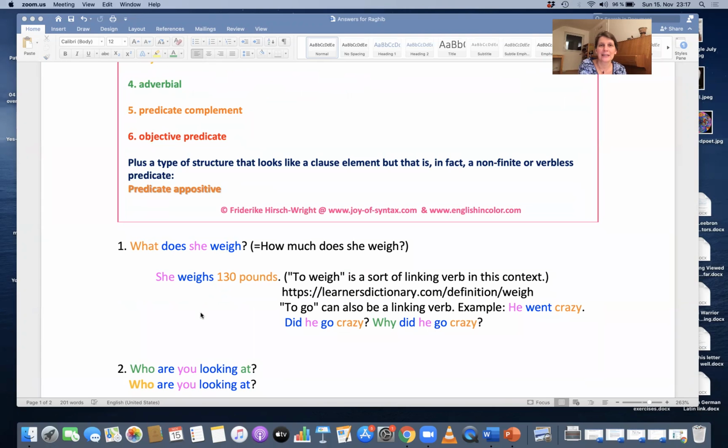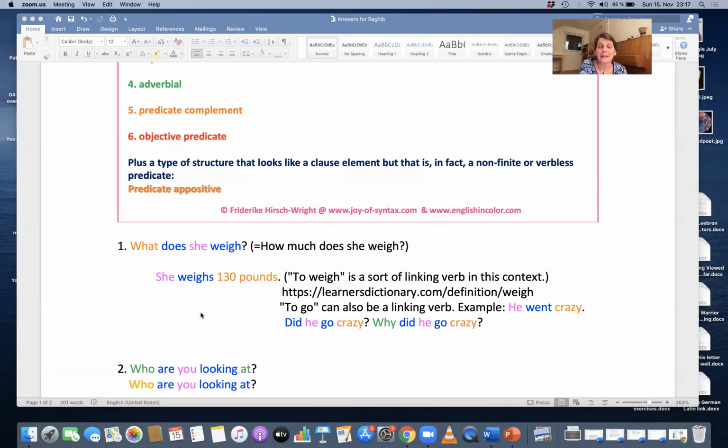So it's a predicate complement. And in my books, predicate complements and complements to the subject are orange. So she weighs 130 pounds. She's the subject. Weighs is the verb. 130 pounds is the predicate complement.